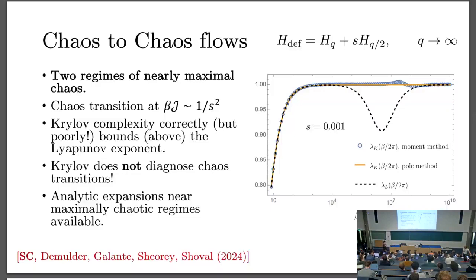Can you re-say the question again? Famously, the Lyapunov exponent in SYK models shows up in analytically continued hydrodynamic response functions as a pole skipping point. There's been a lot of stories. And that's the exact Lyapunov exponent. So the question is, does the Krylov exponent show up in any other observable?